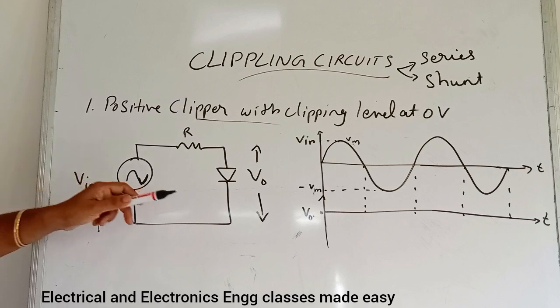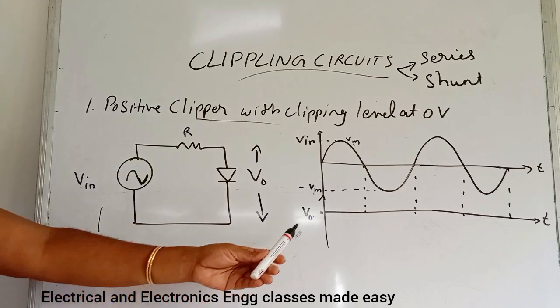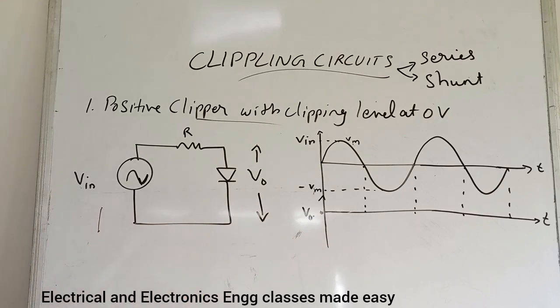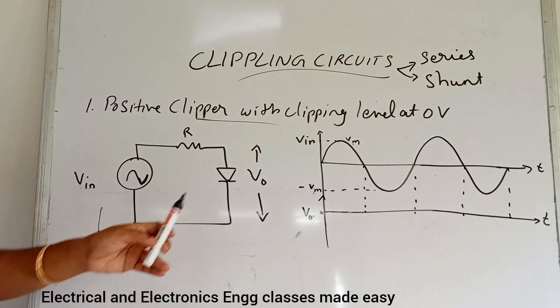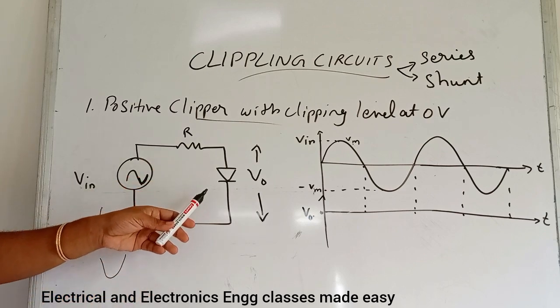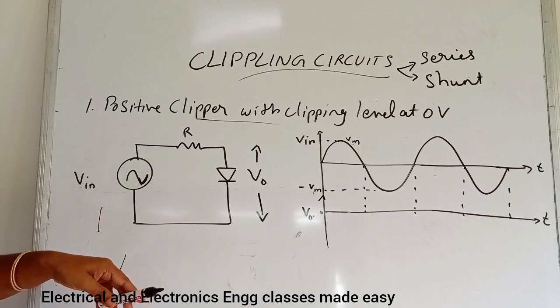So, the output, that is V out, will be a line here. And during the negative half cycle, the diode is in reverse biased condition.